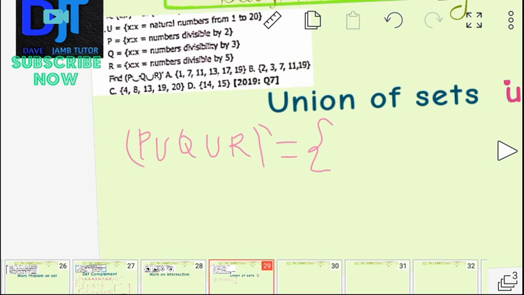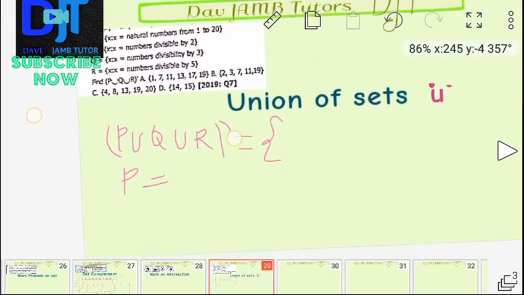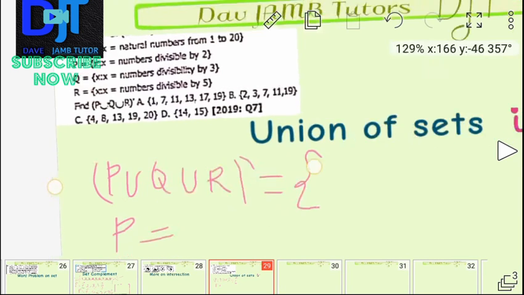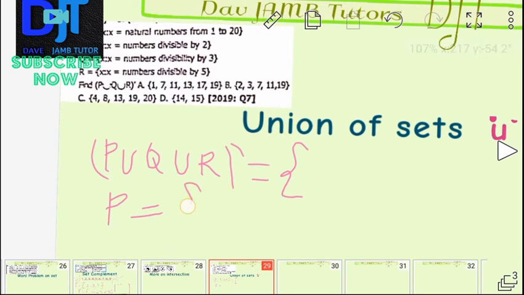So now let's first of all find our P. Let's first of all know what P is. They said P is x equals numbers divisible by 2. Let me first of all write the universal set, because it's from the universal set we are going to get the values.